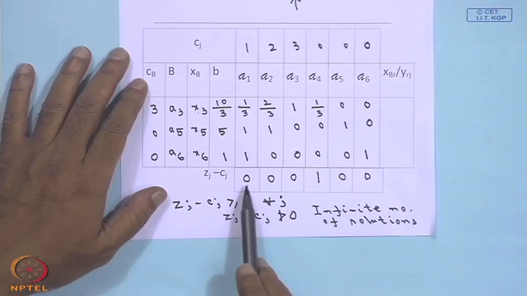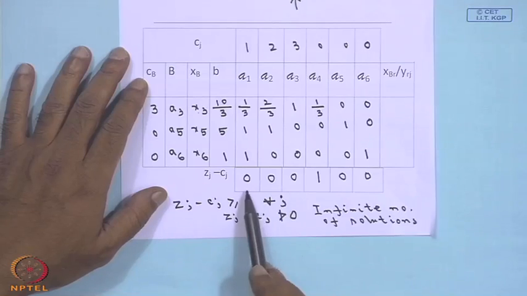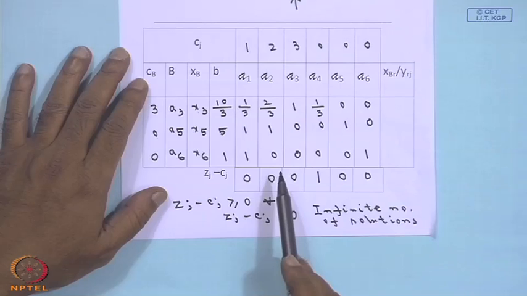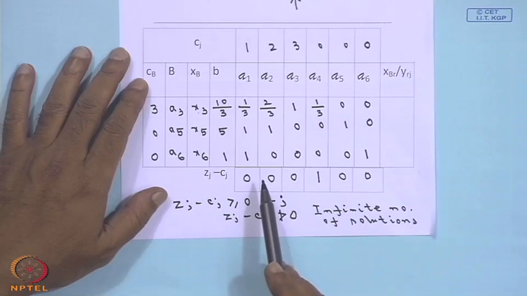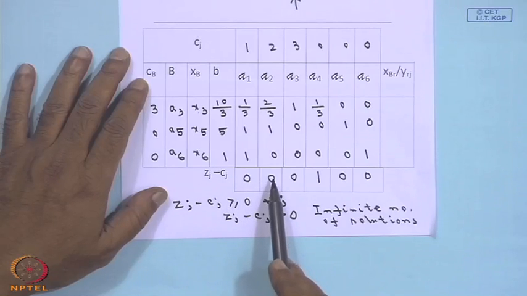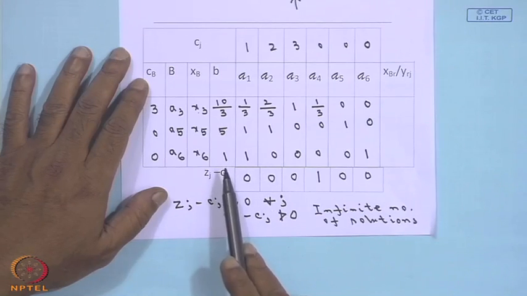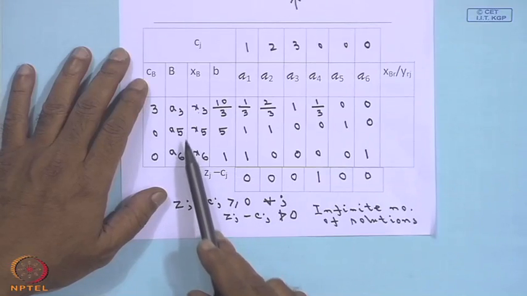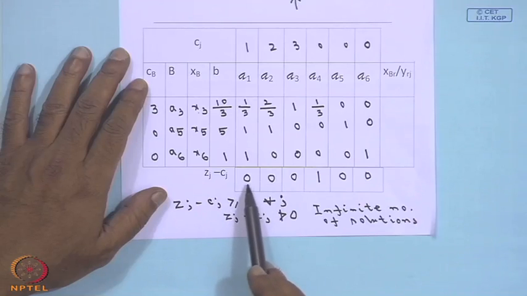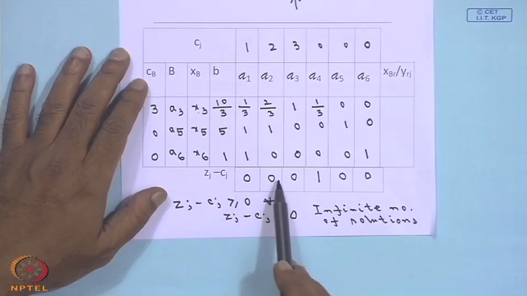Thus, from this table we can make two different tables, by entering A1 as a basis vector in one table and A2 in another, by excluding either x5 or x6. Since Zj minus Cj for these two is 0, if you enter either one, the cost function will remain unchanged.